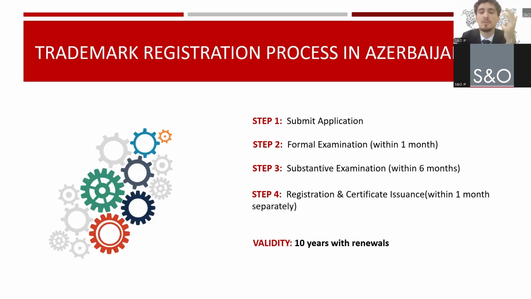Later, you will continue with registration of your trademark in the databases and get your certificate issued, each of which will take within 1 month separately. And in Azerbaijan, registered trademarks have 10 years validity, but you can make it longer after this validity finishes.